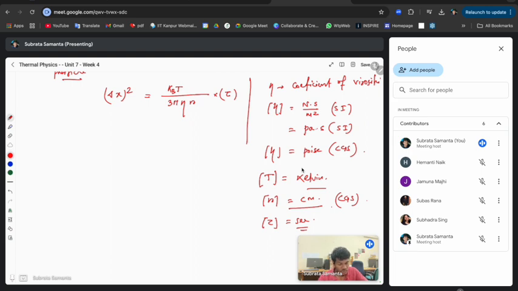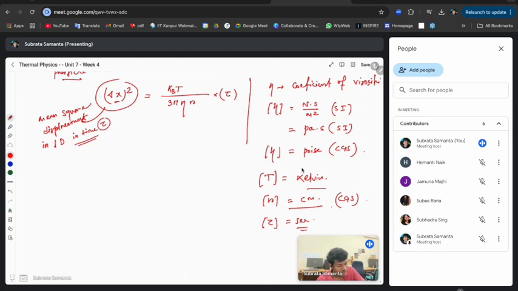Okay, so eta is given, and this is the mean square displacement. This is delta x square, so it's 1D, mean square displacement in 1D in time tau.